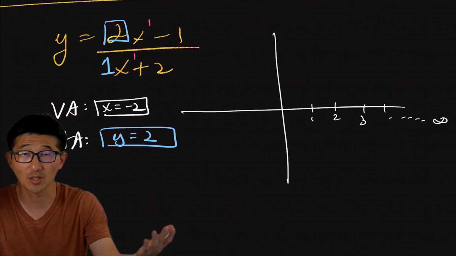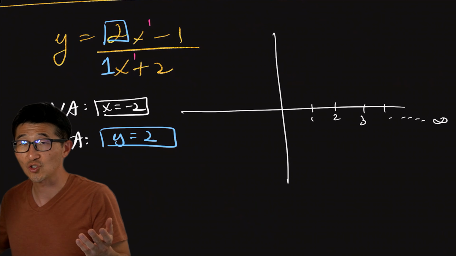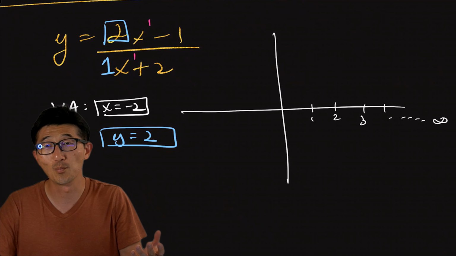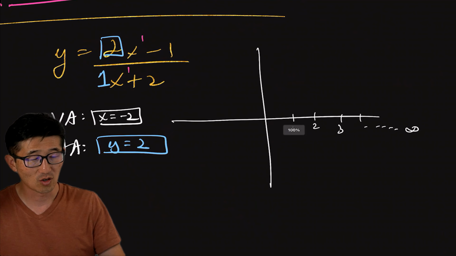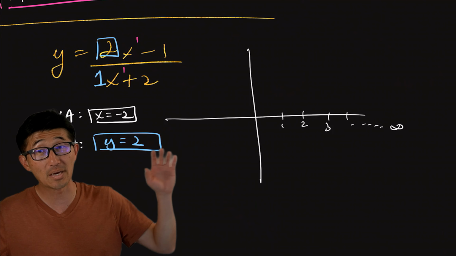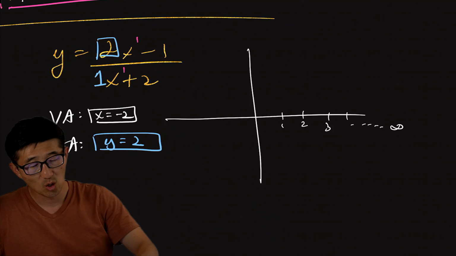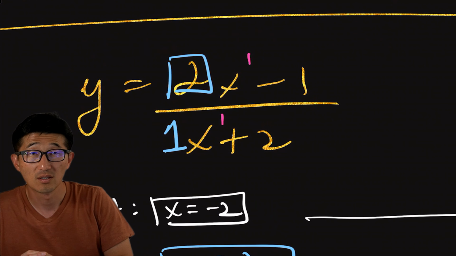Now infinity is going to be huge. So it's going to be like 100, 200 million, trillion, quintillion, googolplex, whatever. So the question is, if you were able to plug in the biggest number down the line, what would happen to this fraction? Can you see that it's going to become 2?